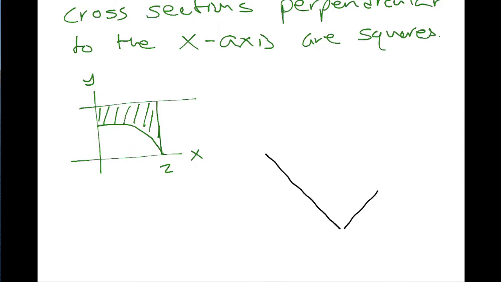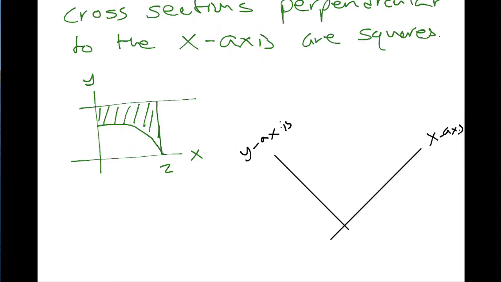Let me just draw them straight. Draw this down, and the x-axis out this way. So this is the y-axis, and this is the x-axis. And if we draw the lines here, the line y equals 6 is going to come out like this.